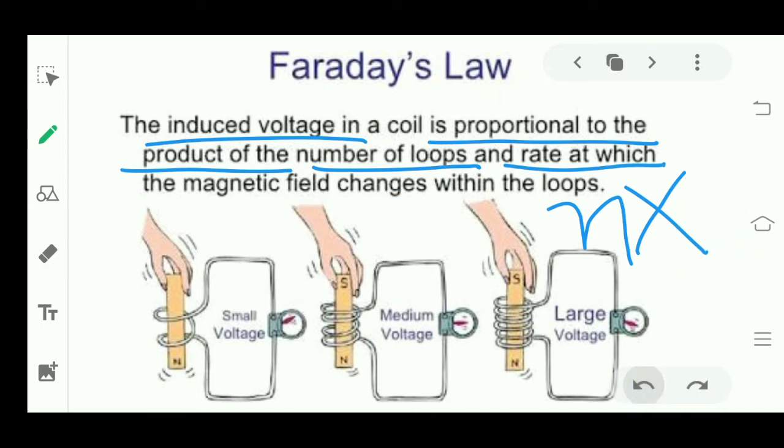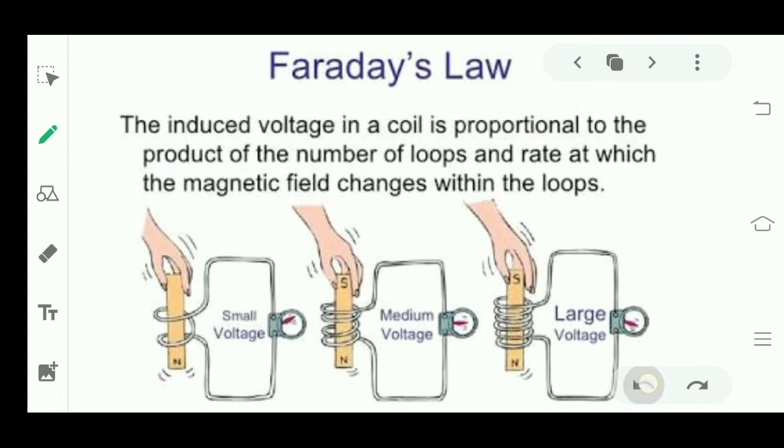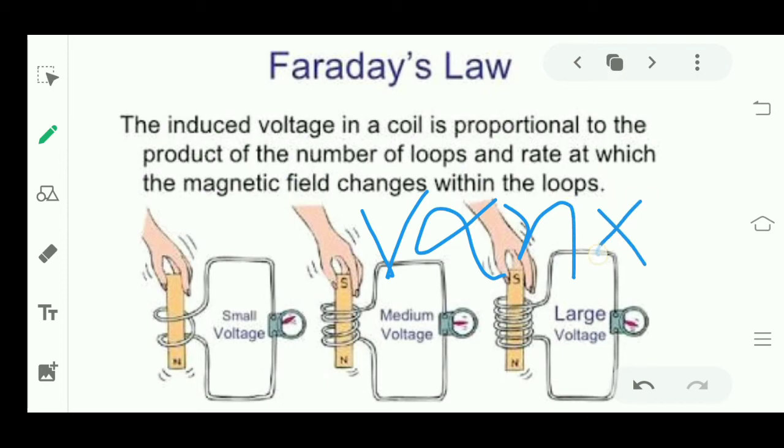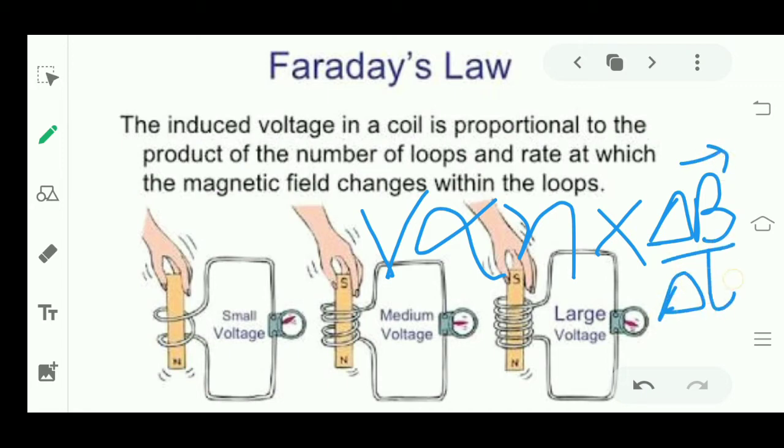So what Faraday said is that the induced EMF, which we can denote as V, is directly proportional to N multiplied by del B divided by del T, where B is the magnetic field, as I explained.